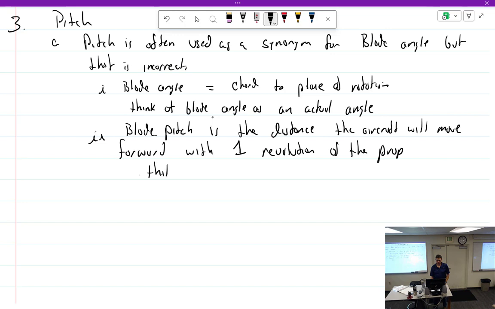So think of pitch in inches, like pitch of a bolt or screw.